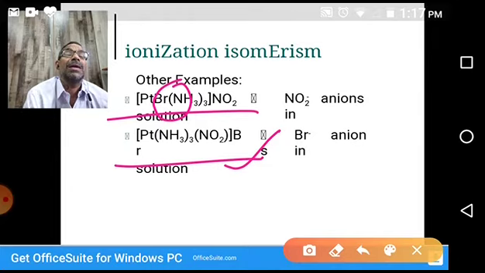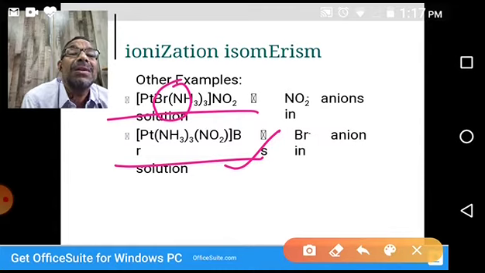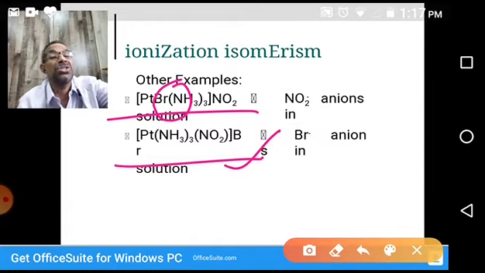In the first, platinum satisfies its valency through NO2 minus ions, whereas in the second compound, platinum satisfies its primary valency with bromide ions. That is the difference. When they dissolve in water, the second compound gives the bromide test and the first does not respond to AgNO3. That's why these are also classified as ionization isomers.